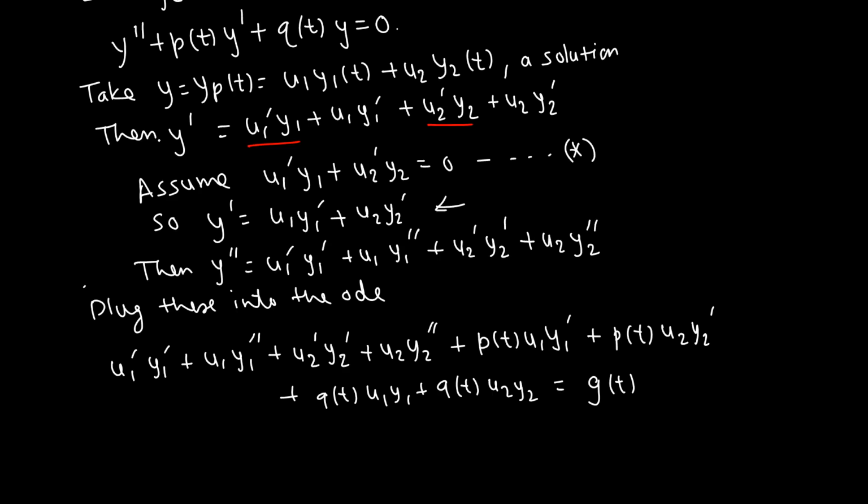Here I'm going to put these terms together: y1 double prime and y1 prime here and just y1 here, these three terms, and we can factor u1 out. Similarly, from these three, u2 y2 double prime, and here p(t) u2 y2 prime, and this.